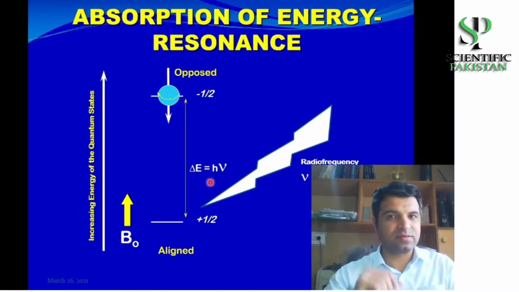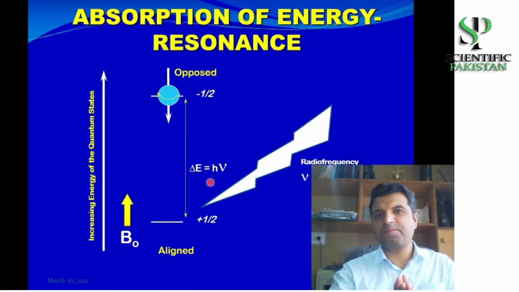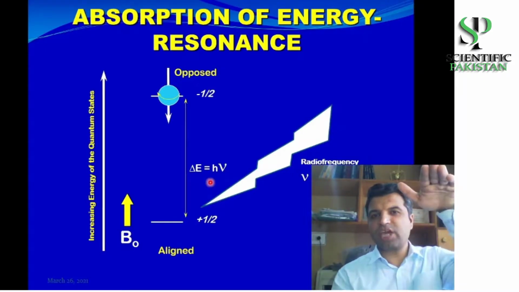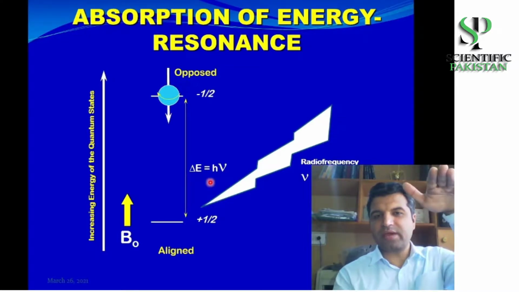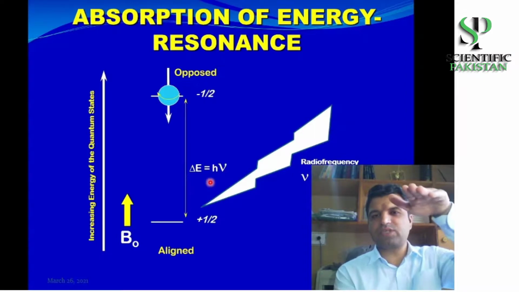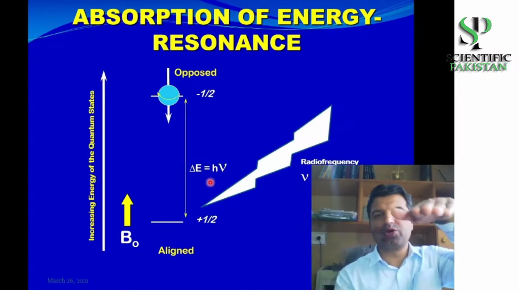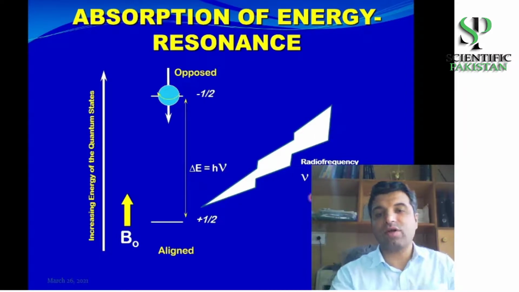So what does that mean? If the magnetic field is higher, the energy gap is higher, and to make a nucleus jump from this state to this state, you would require higher energy or higher frequency. This is absorption of energy.